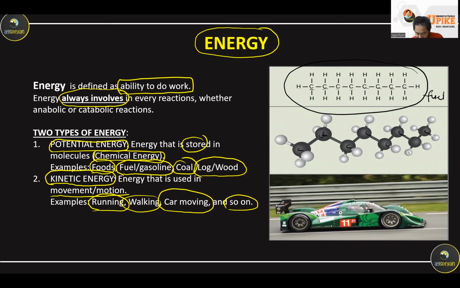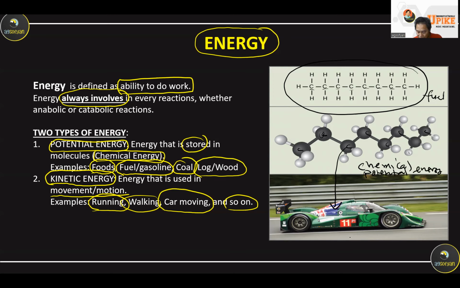And when this fuel or gasoline is used in this car, then the car will be able to run, will be able to race from the potential energy that is stored in the fuel or in the gasoline. So this is chemical, or potential energy.